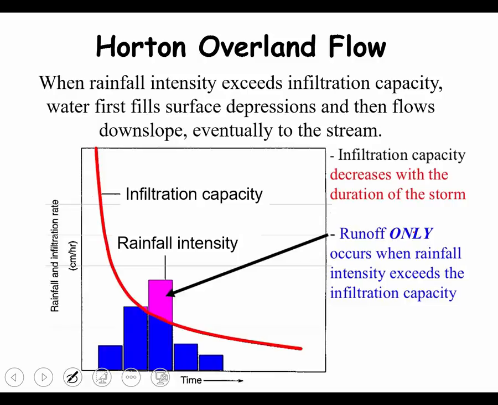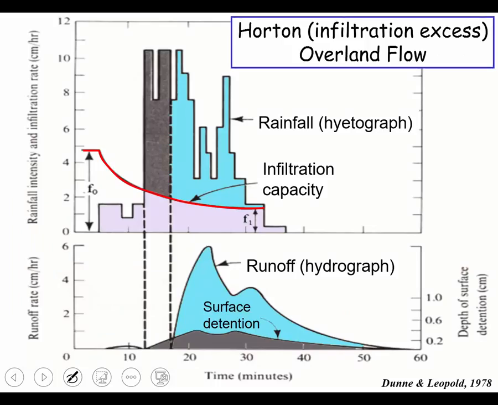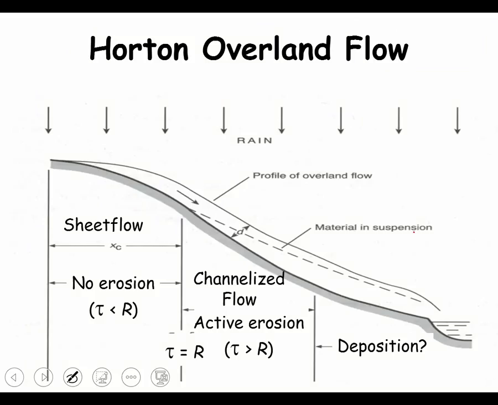Now, notice the infiltration capacity changes through time. It decreases during the storm, and that's because it's getting more and more saturated. Okay, so it just can't soak in. If things are dry, you got rapid infiltration. Once it's saturated, very little. Okay, and that's what we've described here and here.